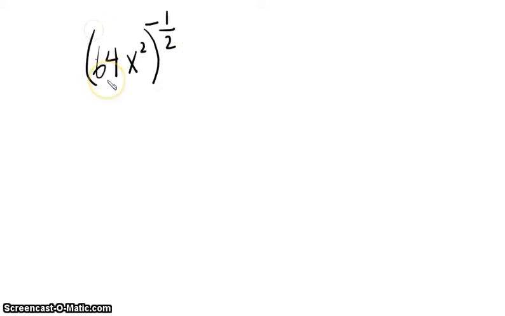Let's do this one. 64 x to the second, all to the negative 1/2. Right? So the negative exponent means whatever, but I have a calculator. So I plug this in my calculator and I find out that my answer is some decimal.